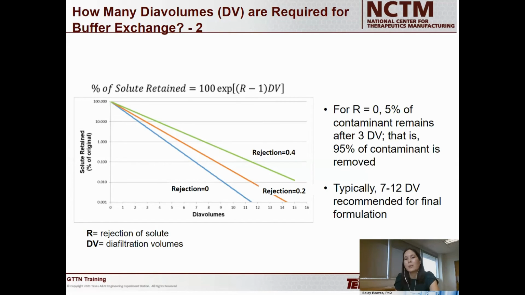How many diavolumes of buffer exchange you need to execute in order to get a certain amount of impurity removal or formulation. So typically for a final formulation, you're going to be somewhere in the realm of 7 to 12 diavolumes, just in order to make sure that all of your processing chemicals are removed to a very high extent and really only trace levels of impurities are left.